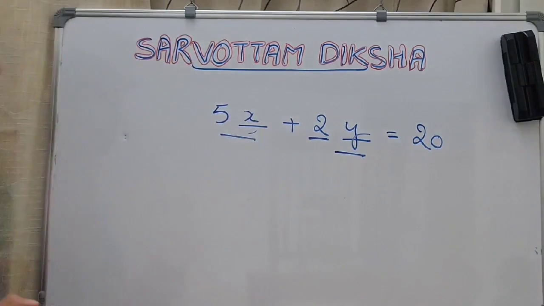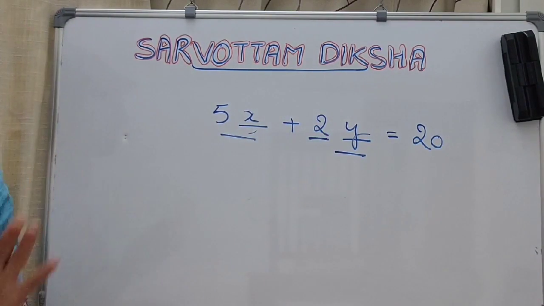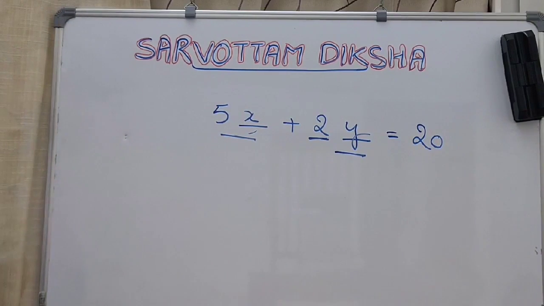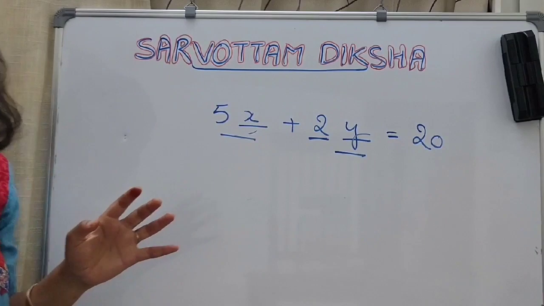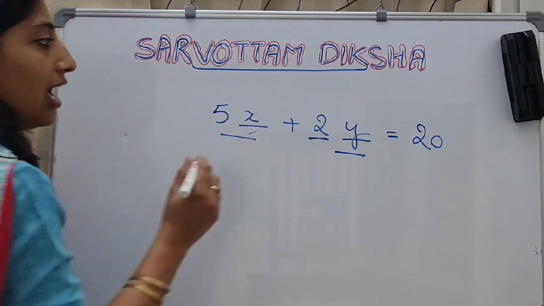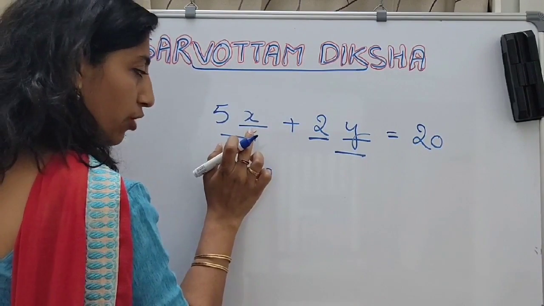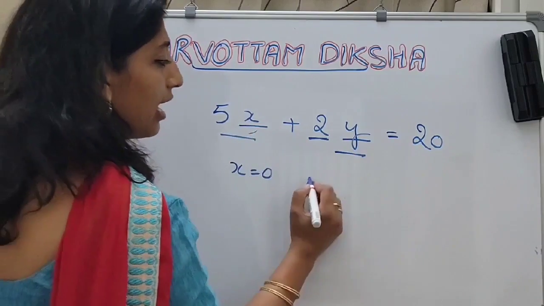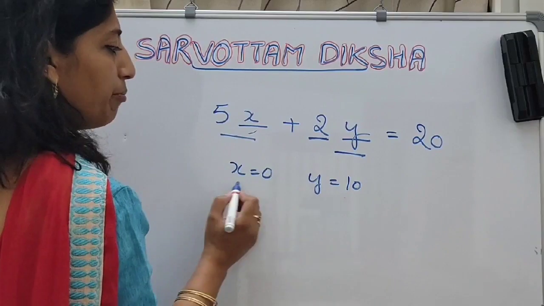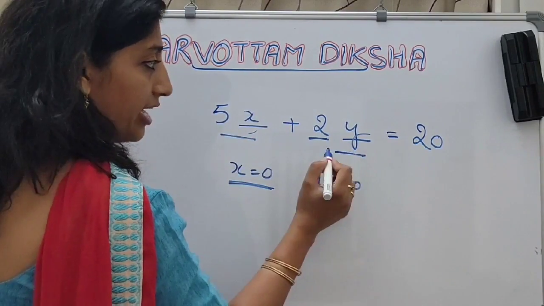Now, if I have to get the value of this x and y, can I get it through this one equation? Actually, there are infinite number of values of x and y which satisfy this equation. Suppose I have not taken this ride at all, that is my quantity for this ride is 0. Then I have taken the other ride 10 times. What I am doing is putting x as 0 here and getting the corresponding y.